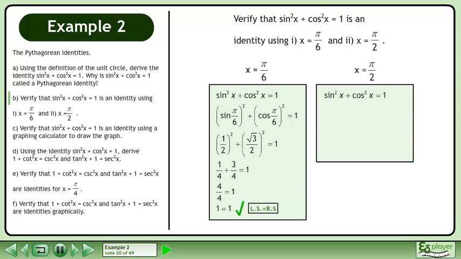Rewrite the identity sin squared x plus cos squared x equals 1. Plug in pi over 2 for x. Sin pi over 2 equals 1, and cos pi over 2 equals 0. The result is 1 equals 1. The left side and right side are equal.